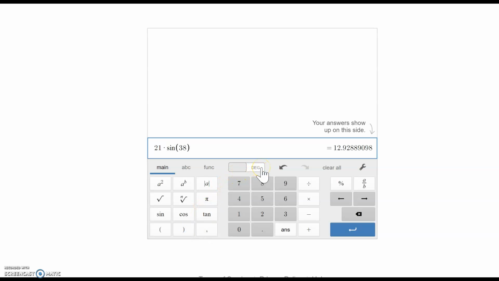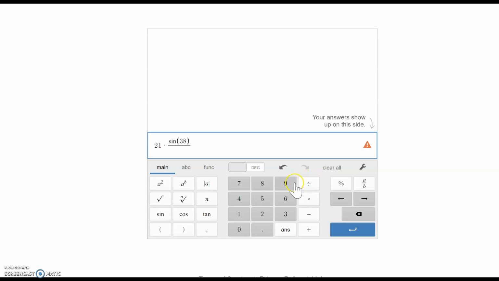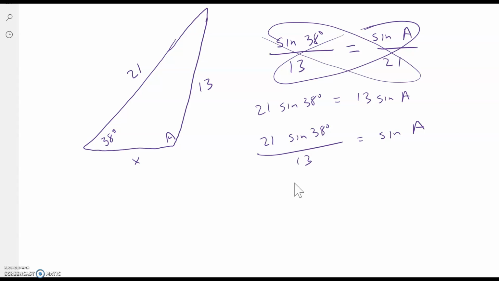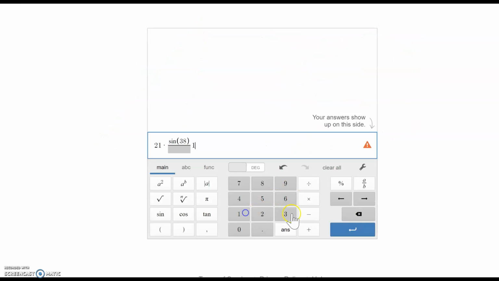It says degrees right there, because the angles are measured in degrees. If you're in radian mode, then you're going to get the wrong answer. Then divided by 13.